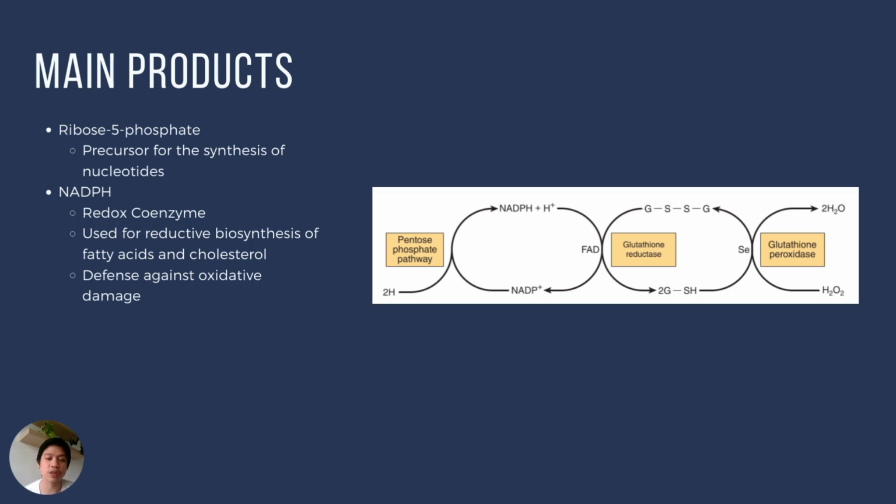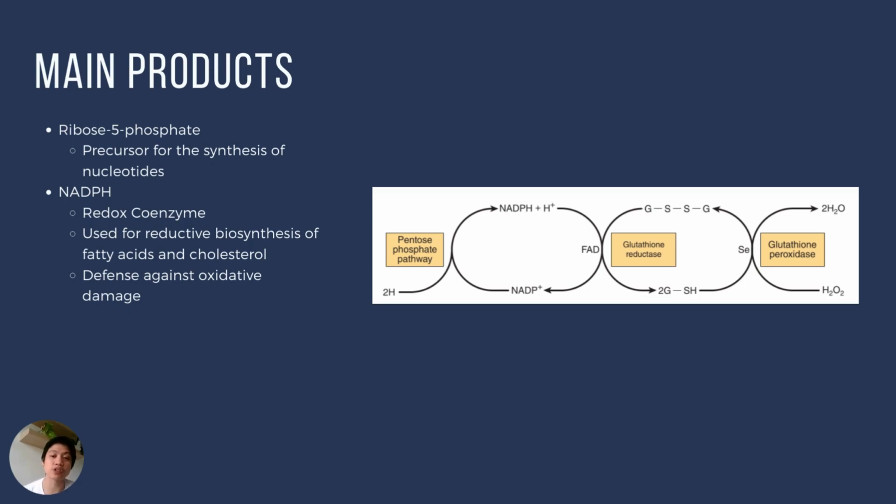This reduced glutathione, or GSH in the image, is then able to neutralize hydrogen peroxide, which is an oxygen free radical. So by neutralizing it, hydrogen peroxide is not able to damage the cell.